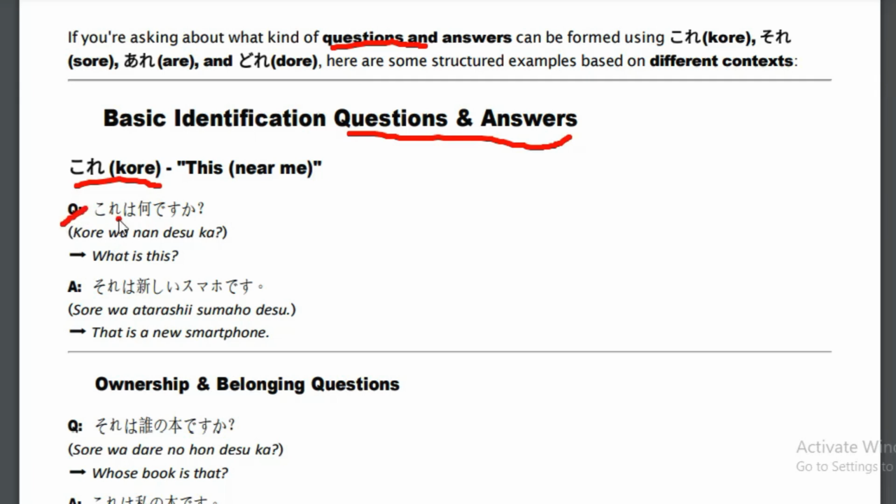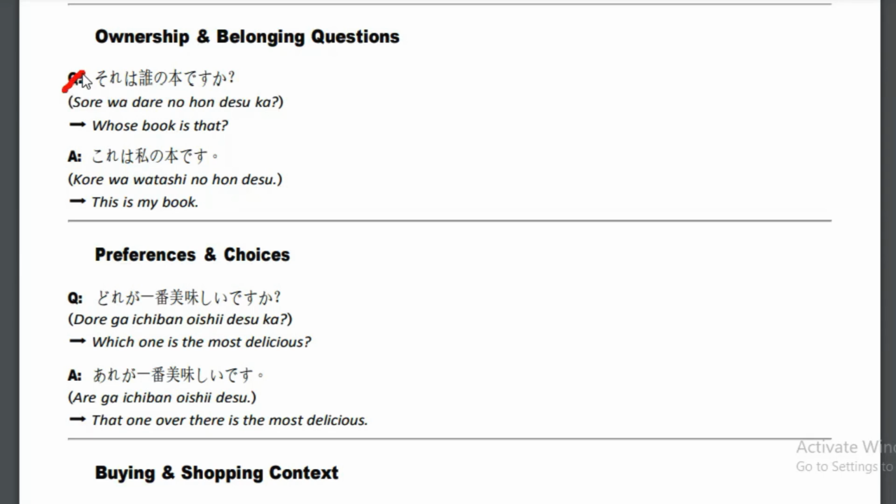Question 1 is kore wa nan desu ka, what is this? And the answer would be sore wa atarashii sumaho desu, that is a new smartphone. The next question is sore wa dare no hon desu ka, whose book is that?